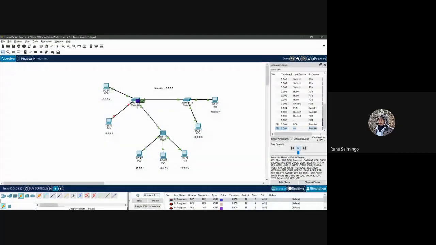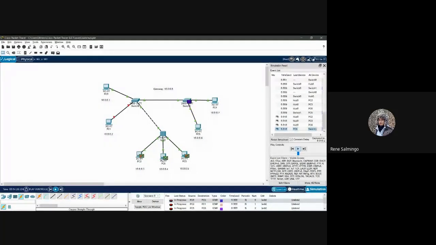And the second PDU will now move forward. And is it here or here? I don't know. So it doesn't give on the hub. Maybe on this side. Okay, this is successful because it's going to return back to the sender.